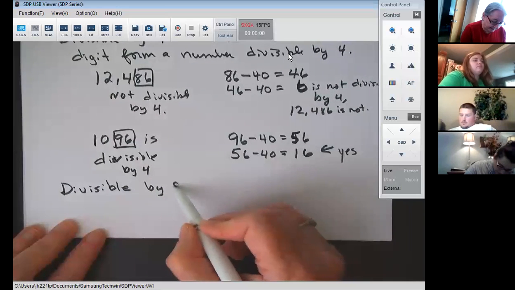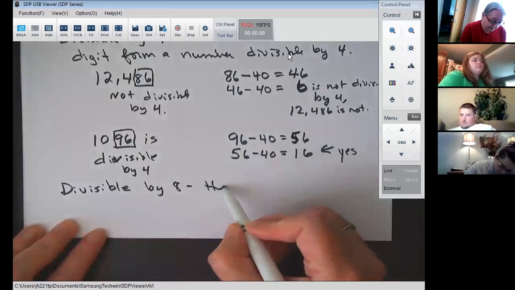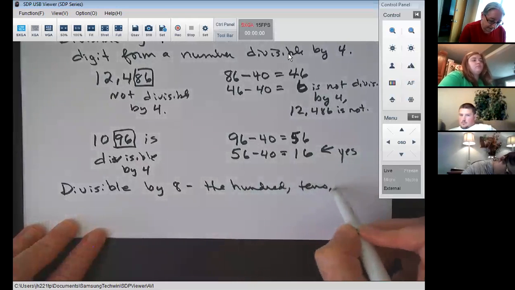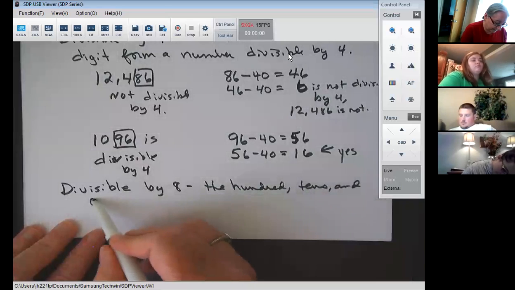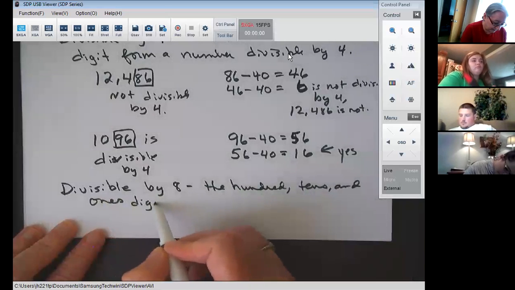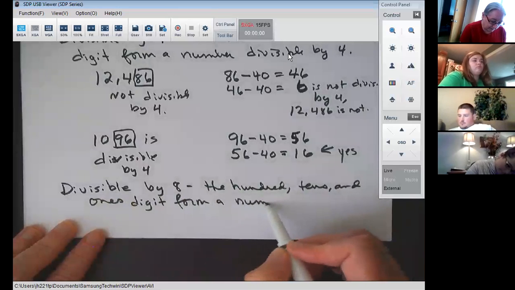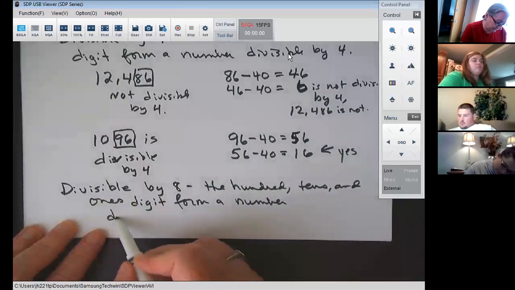So divisible by 8: the hundreds, tens, and ones digits form a number divisible by 8.